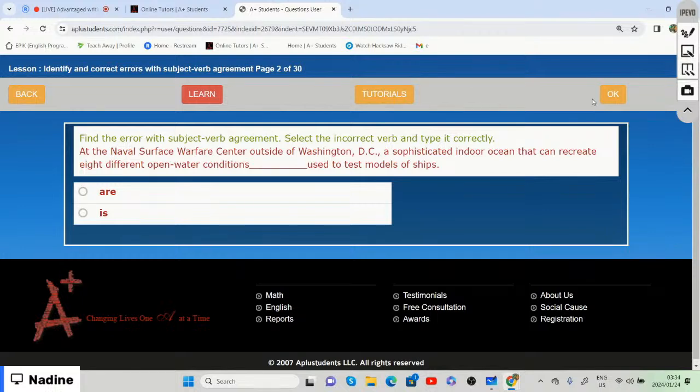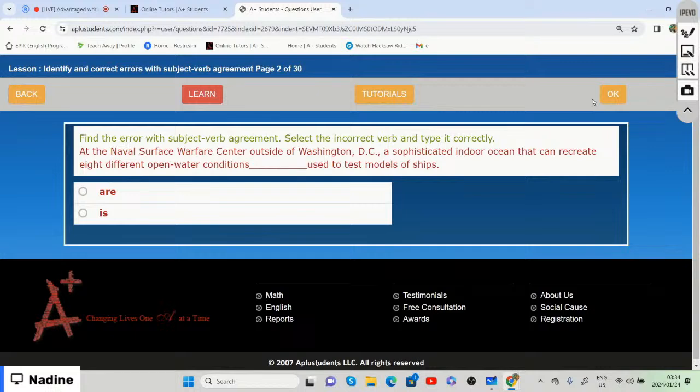At the Naval Surface Warfare Center outside of Washington, D.C., a sophisticated indoor ocean that can recreate different open water conditions is used to test models of a ship, or are used?